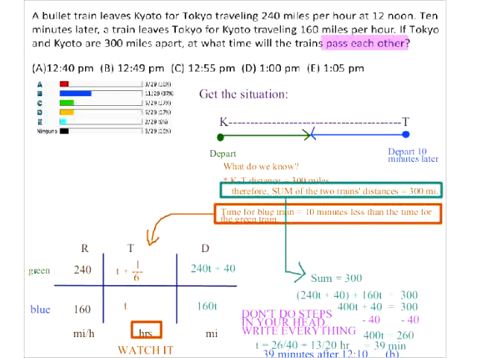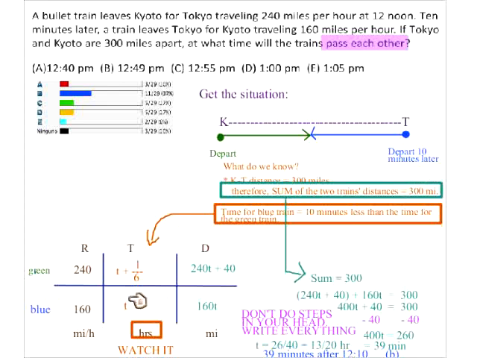Okay. If anybody has questions about this particular approach, please type them in the text box. Why did I use t plus 1/6 for the first train? Well, it's because of this.